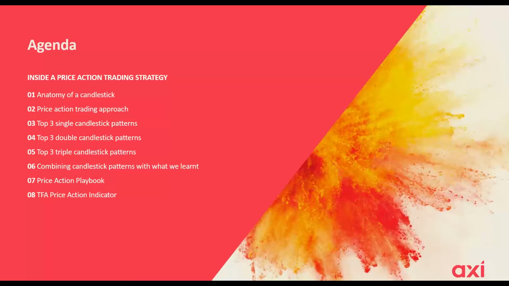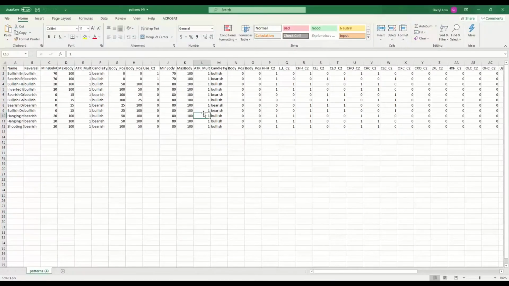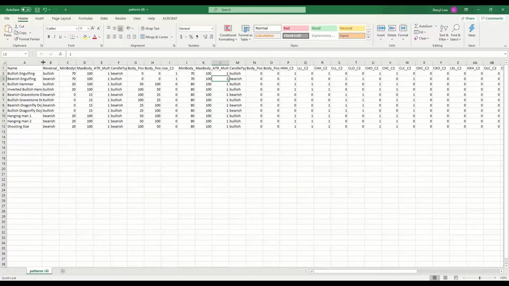Trust me, guys, I don't use this word lightly, but it is the most advanced candlestick indicator ever. Just to give you an idea, this is what goes into determining what kind of candlestick patterns there are.